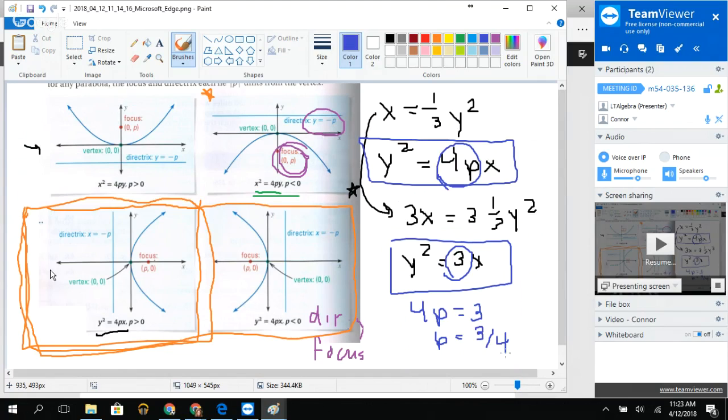So if I go over here, my focus is going to be at 3/4, 0. 0, that's not a 1, that's 0. And my directrix is going to be at x equals negative 3/4. And my axis of symmetry is when y equals 0.